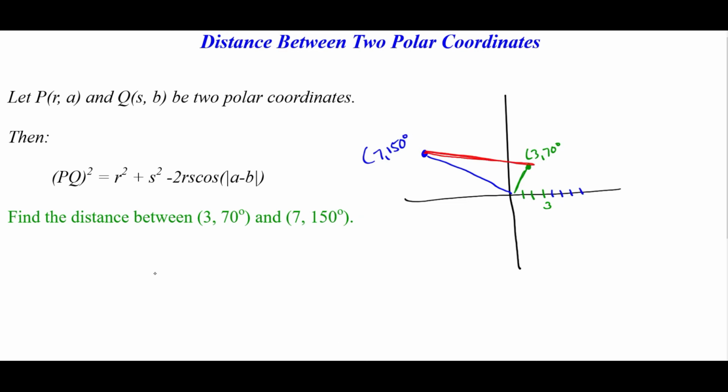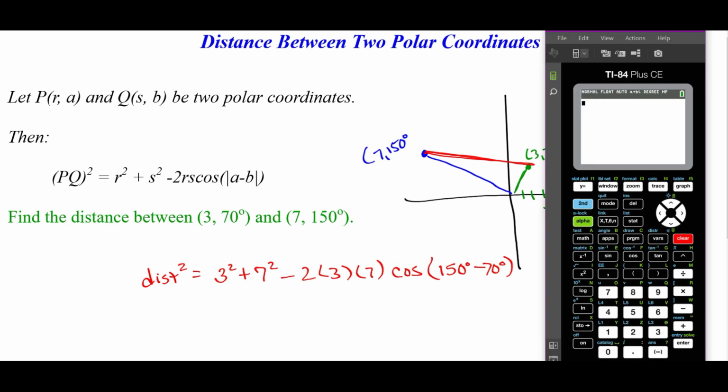So to find that distance between them, we're going to say that the distance squared is equal to 3 squared plus 7 squared. So I'm taking the r value from each of those points, minus 2 times 3 times 7 cosine, and then I want the difference between the angle measures, so 150 degrees minus 70 degrees. And then I'm just going to use my calculator.